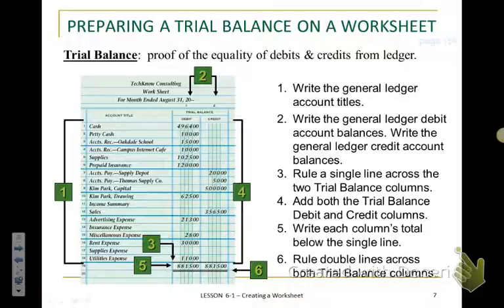Any prepaids. And then what comes after prepaids? Your liabilities. What order for your liabilities? It's by how quickly they're going to be paid off. If you had multiple, like mortgages payable and accounts payable, mortgages are going to take longer to pay off, so you'd put the accounts payable first.